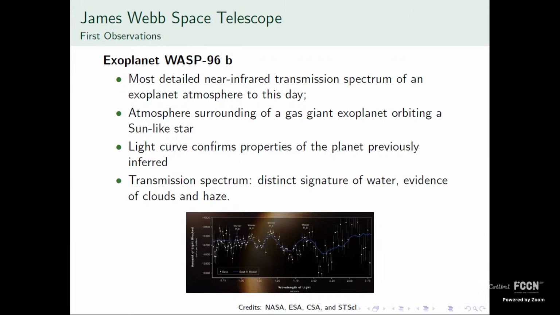And by measuring the light curve and the transmission spectrum, so the transmission spectrum is basically a comparison between the light from the star as it is filtered by the planet's atmosphere, comparing that with the unfiltered light of the star.